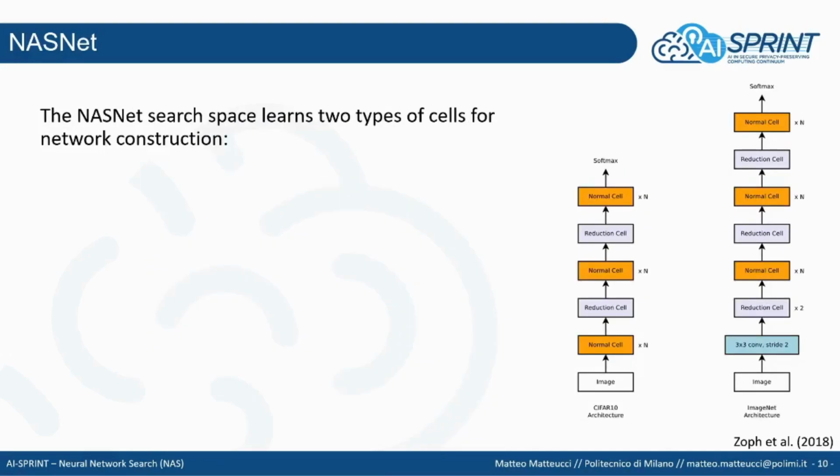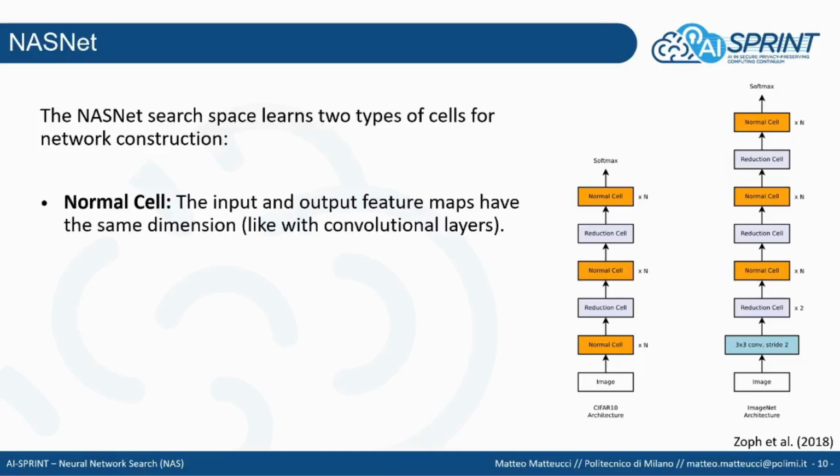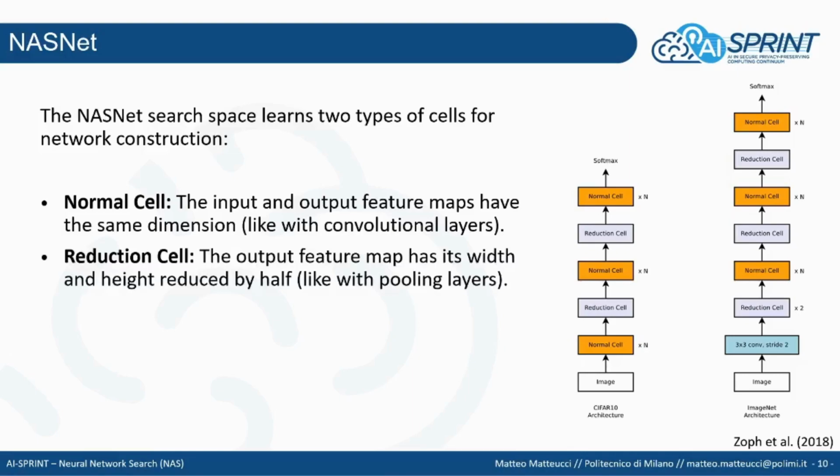So, for instance, the NASNet search space is composed of two network-composing cells. Normal cells, for which the input and the output feature maps have the same dimension, like convolutional layers, and reduction cells, for which the output feature map has its width and height reduced by half, like pooling layers in a standard convolutional neural network.